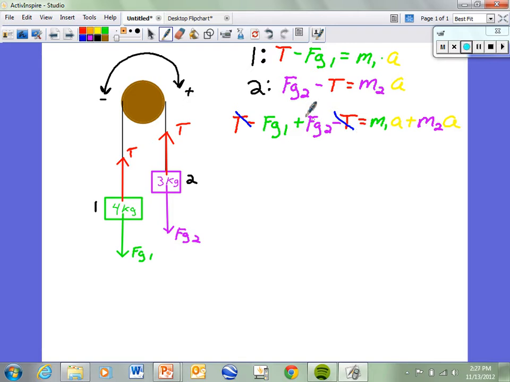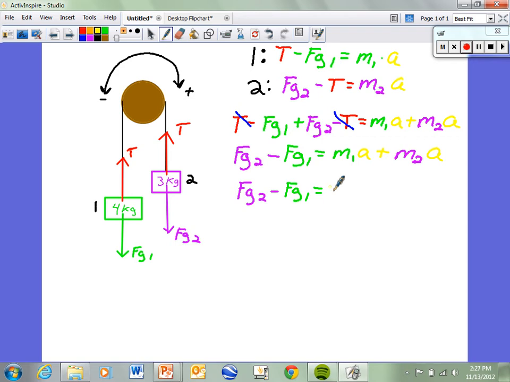I'm going to rearrange my forces of gravity so that I don't have a minus sign floating in the front. Otherwise, that tends to get lost. So I have force of gravity 2 minus force of gravity 1. And that's going to equal m1a plus m2a. Now we're trying to solve for a. We have it in 2 spots on the right side of our equation. So in order to get just 1 a, we're going to factor it out. So my left side remains unchanged, force of gravity 2 minus force of gravity 1.